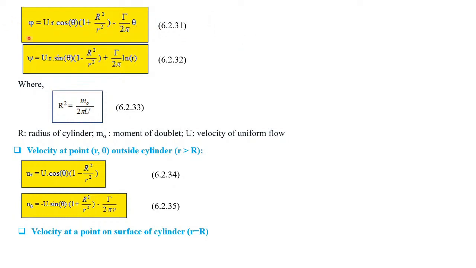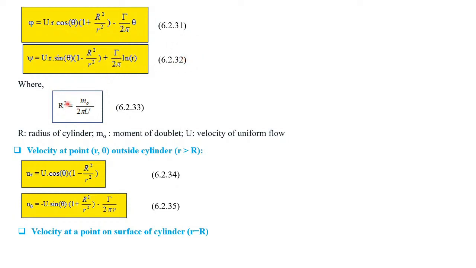And here we can find psi. This term describes the value of psi of the uniform flow passing around the circular cylinder, and we add psi for the free vortex. This one we use positive because the direction of the vortex is clockwise.